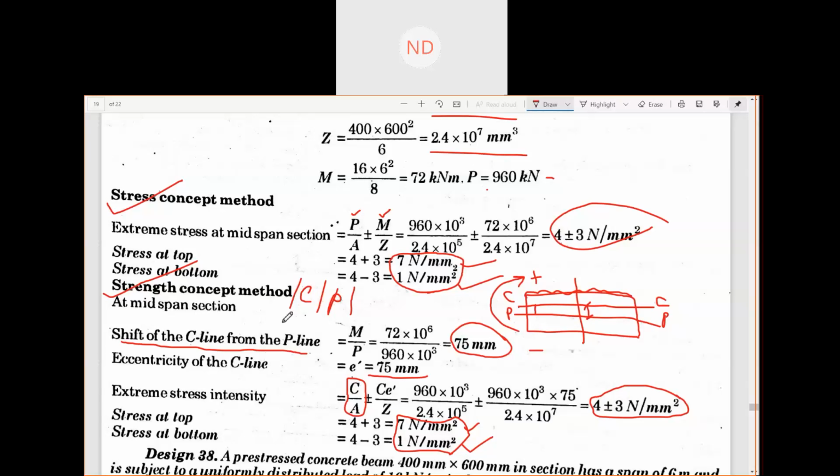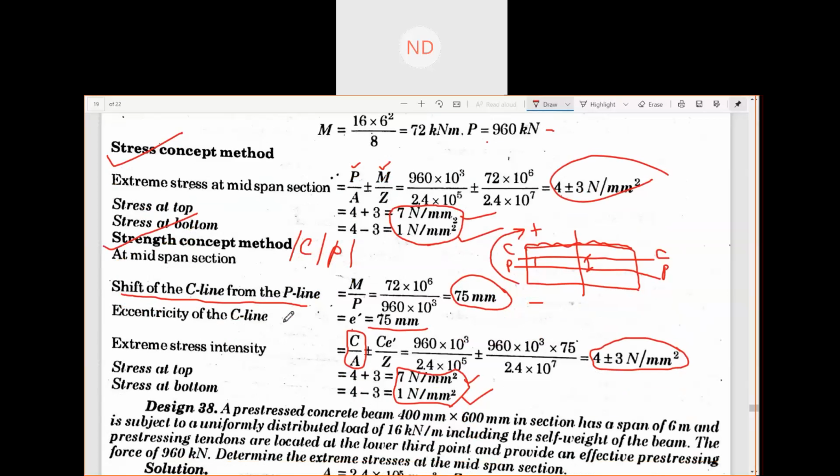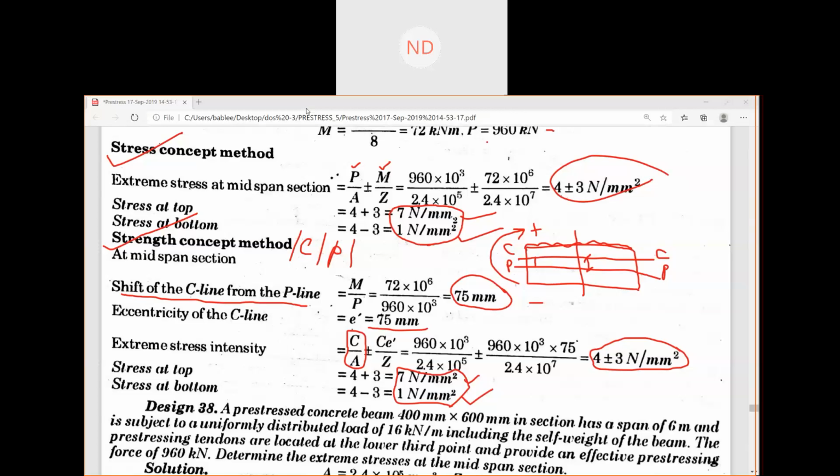So we have done this. Now if we take another question and practice on the strain concept method, or the C line, P line, or the pressure line method, let me take this particular question here.